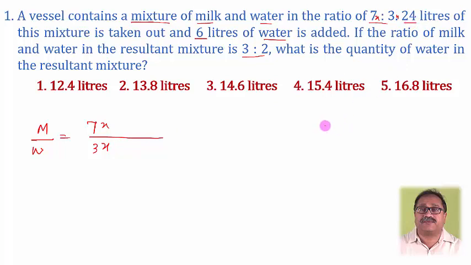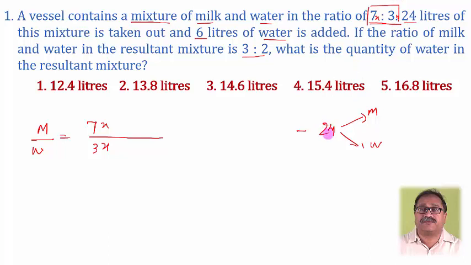When I take out the 24 liters of mixture, what quantity of milk comes out and what quantity of water comes out? The milk and water will come out in the ratio of 7:3.